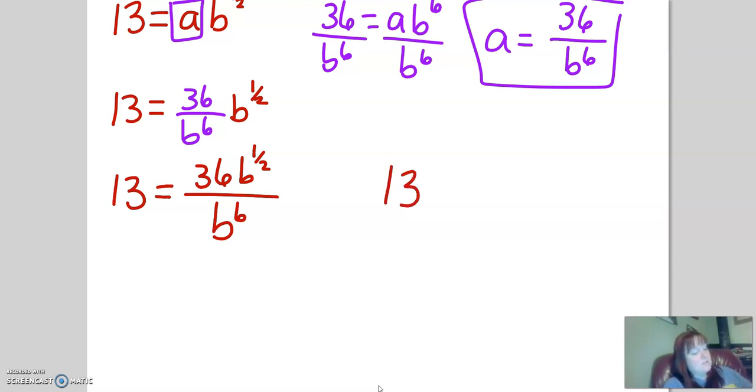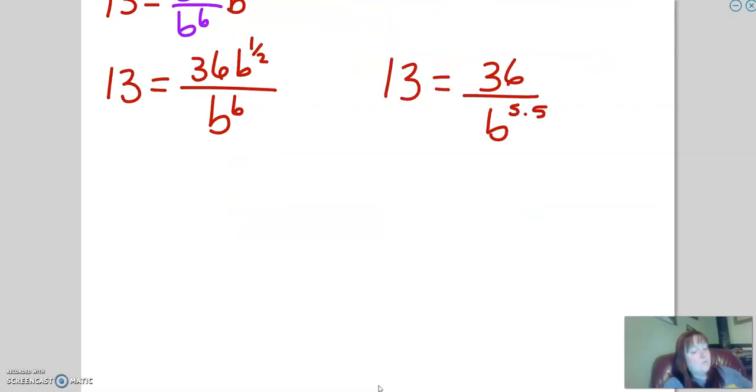So we're going to get 13 equals 36 over b to the 5.5. Because 1/2 minus 6 is negative 5.5, and that means it's still going to be in the denominator.